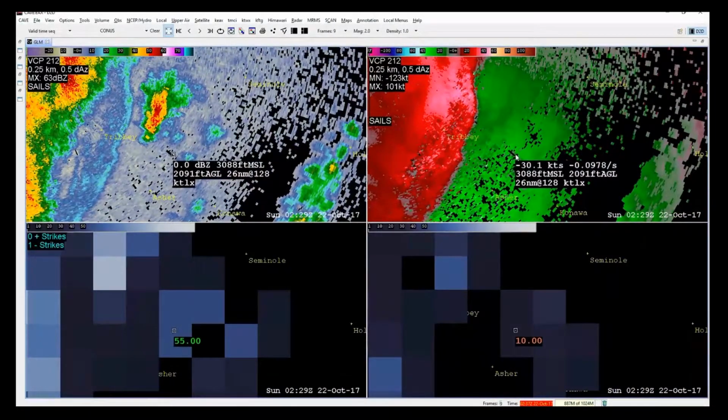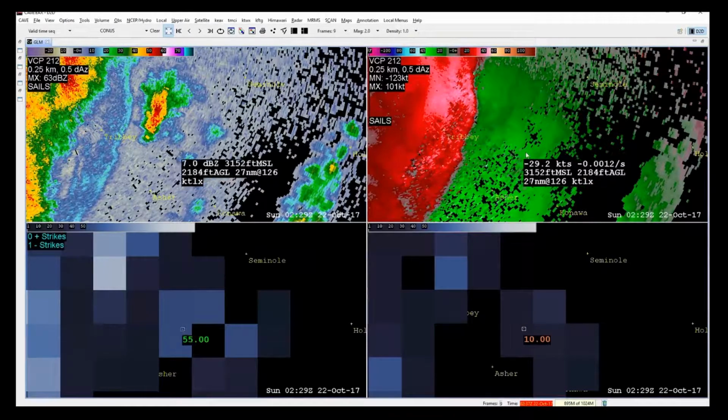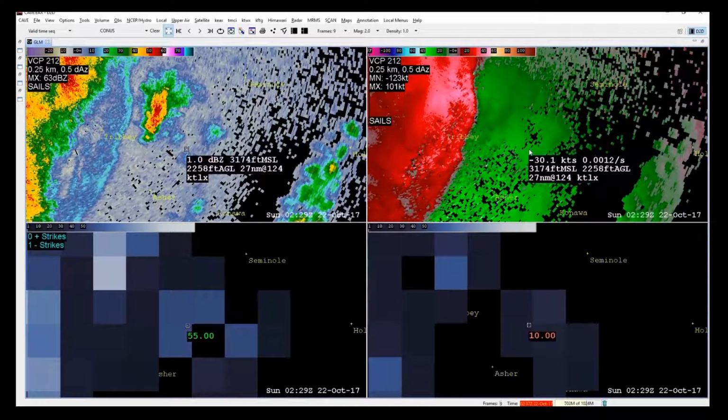I'm not even going to say anything about Norman's operations, I'm just looking at it from the lightning perspective. If you were just looking at the radar, you might not necessarily see anything that draws your attention. So we're going to focus on this area between Tribbey and Seminole here.